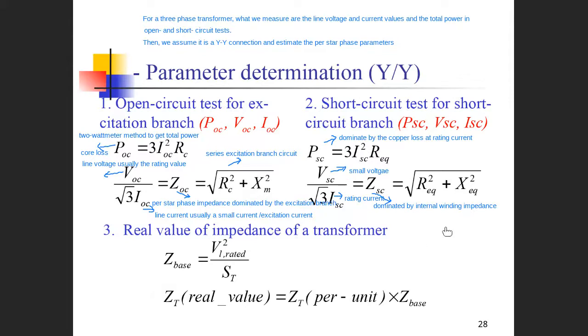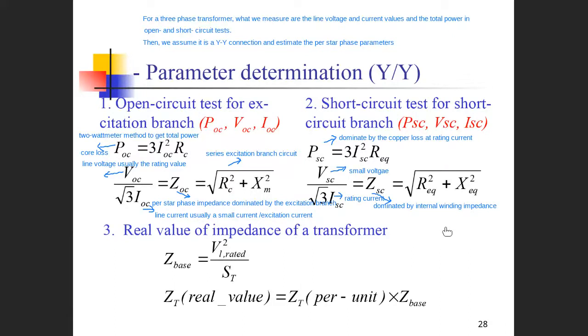So for the short circuit test, of course the input measurements are all the nine values. That's the first one. Second, the power input is dominated by the copper losses, because the low voltage side is short circuit. The high voltage side is supplied with a small portion of the rating voltage, letting the current flowing in the transformer be the rating current value.